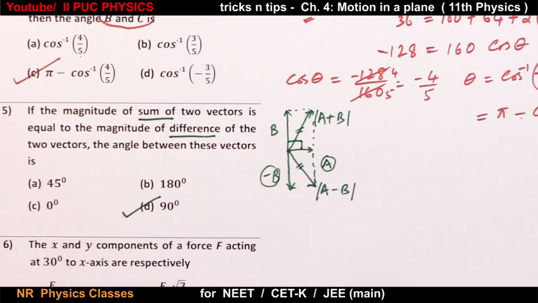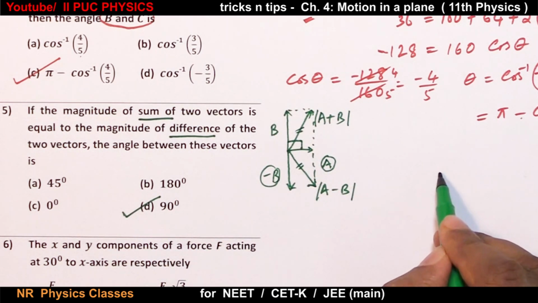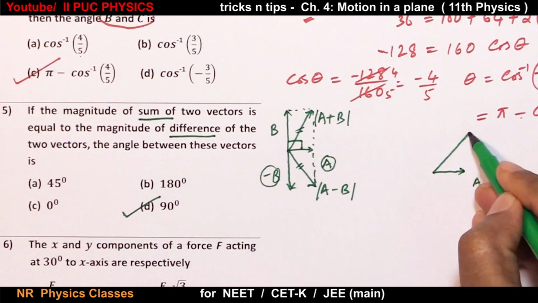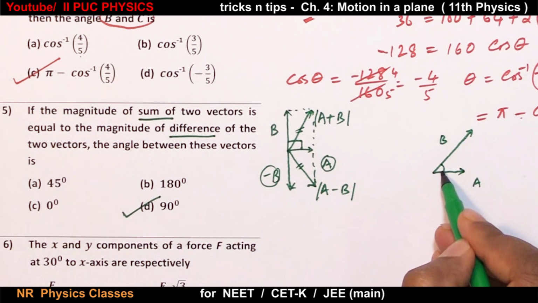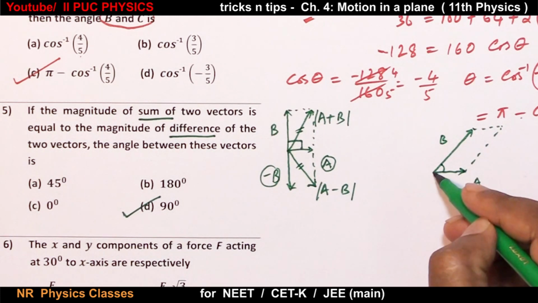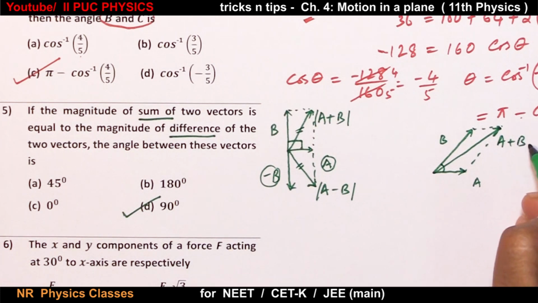Okay. Now, other than 90 degree, let us discuss at least one case. If this is A, this is B, and observe the angle between A and B is acute. Then complete the parallelogram, draw the diagonal. This diagonal represents A plus B. Fine.